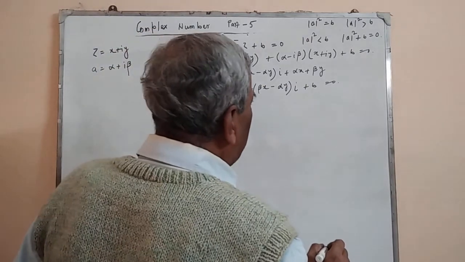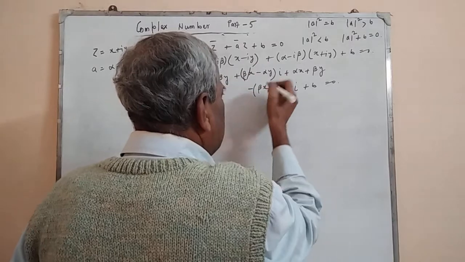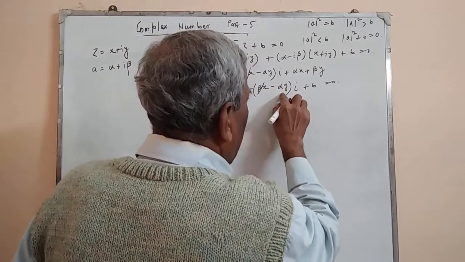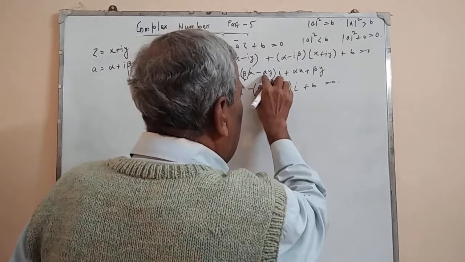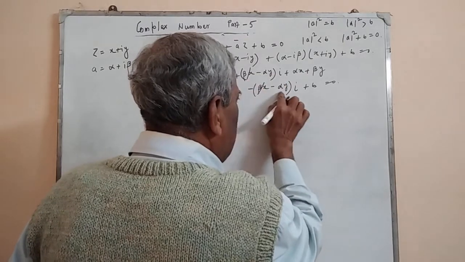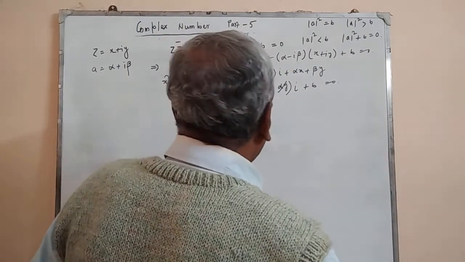So some terms will cancel. Beta x will cancel. Alpha y i, minus this, is plus alpha y i, that also cancels.